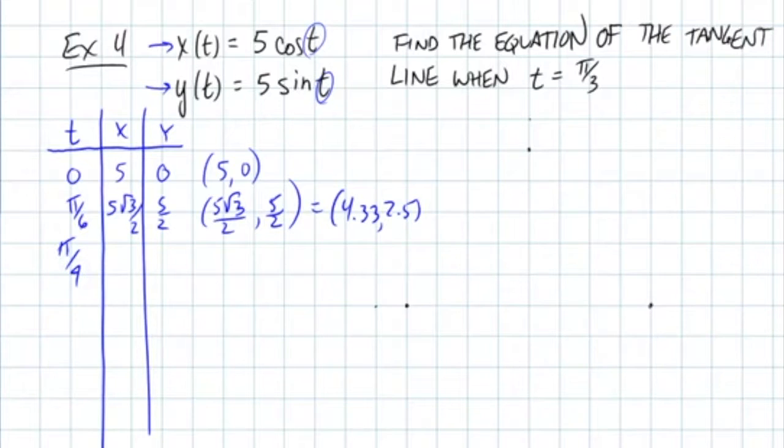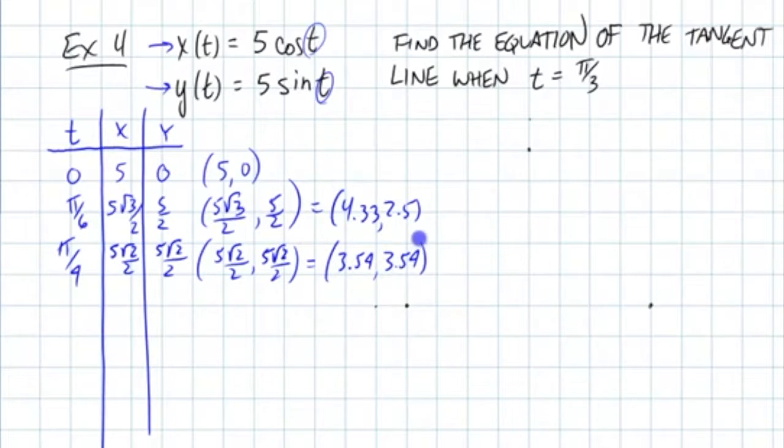Let's try a third point. At pi over 4, cosine of pi over 4 is root 2 over 2, so we get 5 root 2 over 2, and also for the y-coordinate, 5 root 2 over 2. So our point is (5 root 2 over 2, 5 root 2 over 2). In decimals, that's approximately (3.54, 3.54).